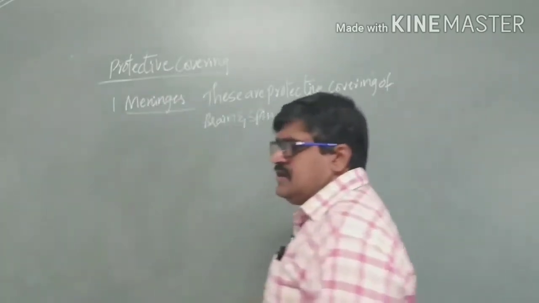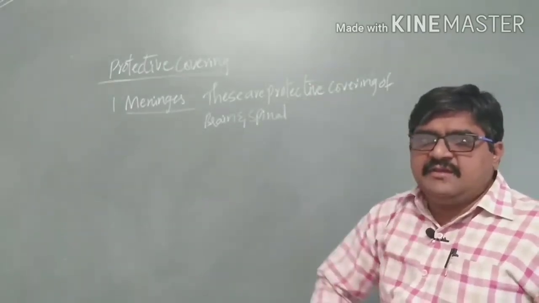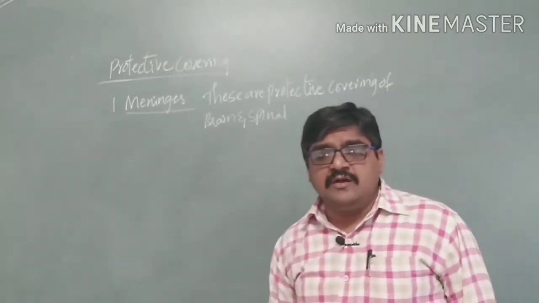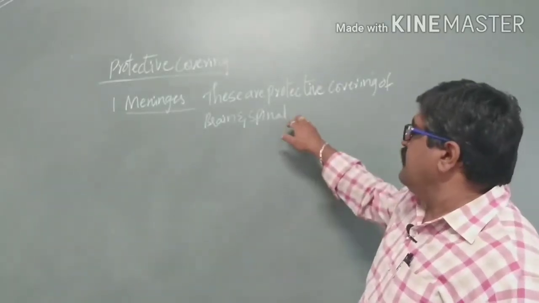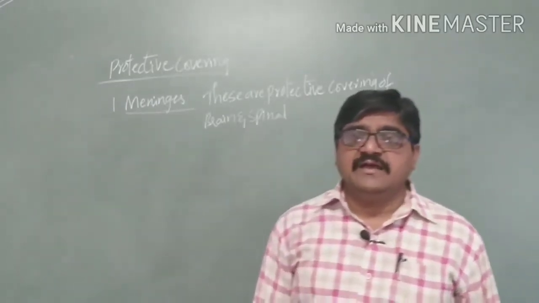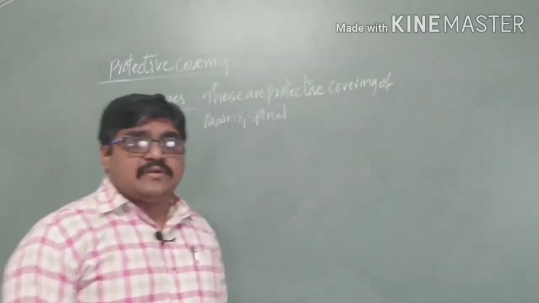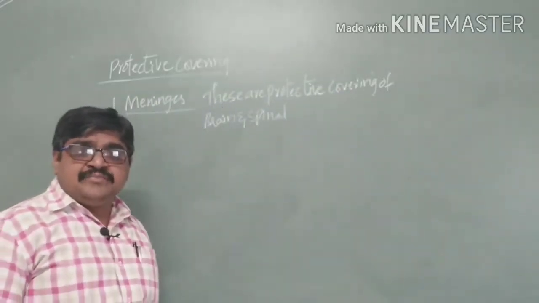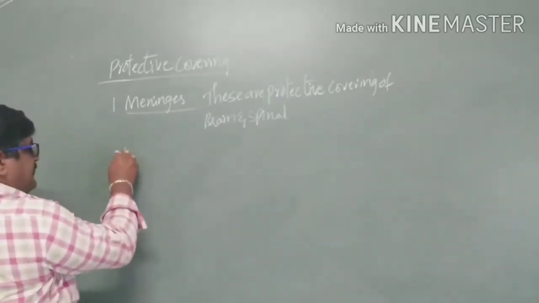Not only is the brain and spinal cord protected by the cranium and the vertebral column, along with this it is protected by protective coverings. The protective coverings surrounding the brain and spinal cord are the meninges, which are classified into three types.